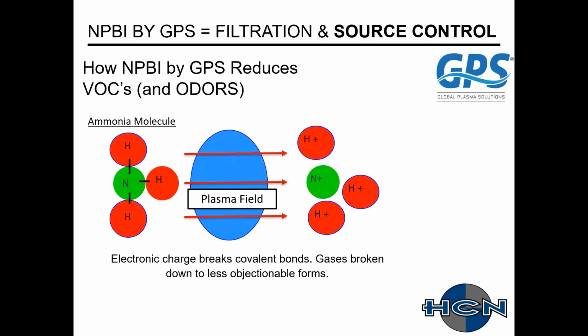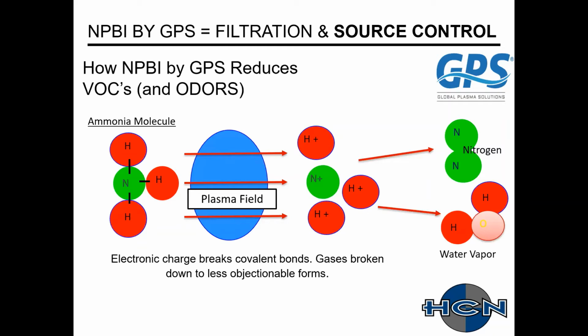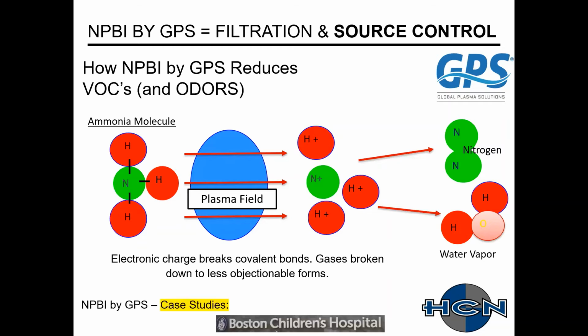The gases are broken down into less objectionable forms, and then those molecules regather or connect with other ones. Sorry for the improper science terms, but those individual molecules reconnect to other molecules to make nitrogen or water vapor, et cetera. And then once again, GPS has multiple case studies.